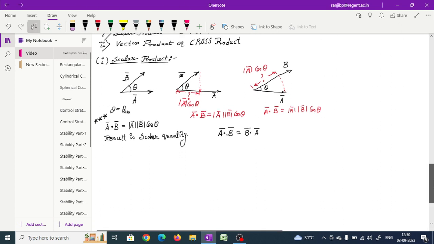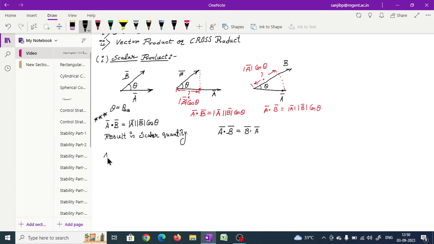Suppose in the Cartesian coordinate system, you know this, a vector you can write in such a way: ax, the component or coefficient of the a vector along the x direction, ay, the coefficient of the a vector along the y direction, and az, the coefficient of the vector along the z direction. Similarly, the b vector you can write in a similar way: bx ix, by iy, and bz iz. In the same way, here a and b are vectors.